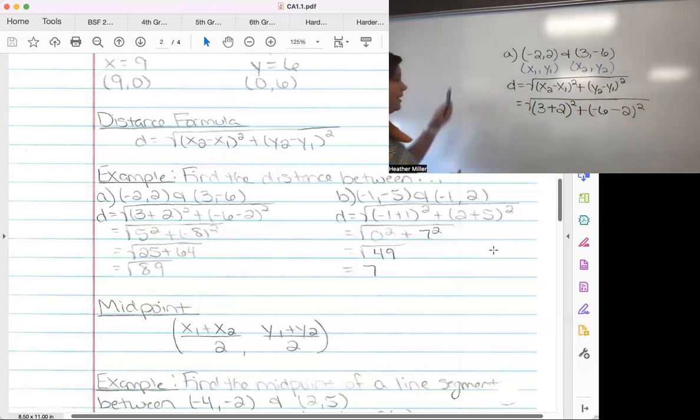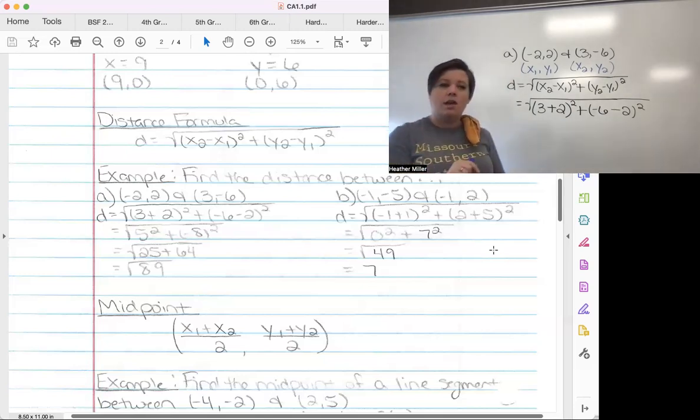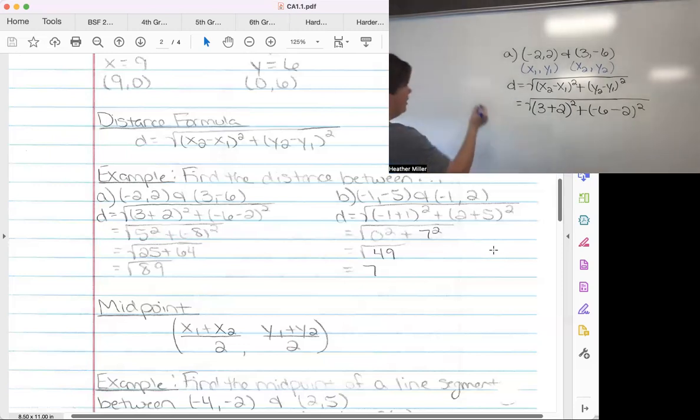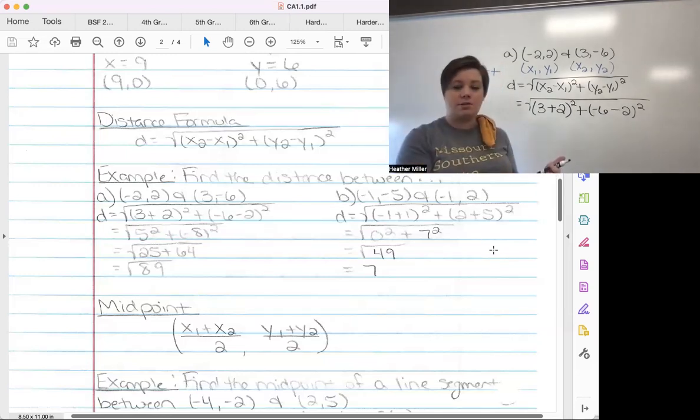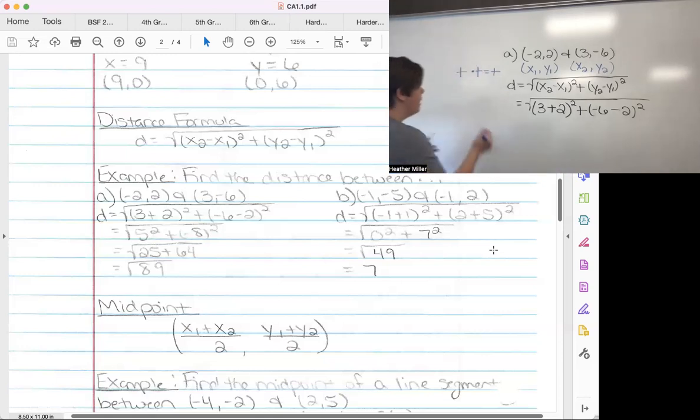I will make a little note right here. This is a little table that is very helpful in terms of what happens when you have two signs that are together. If you have a positive times a positive, you're going to have a positive. So if I take +2 times +2, I get a +4. But if I have a positive times a negative, then I'm going to get a negative.